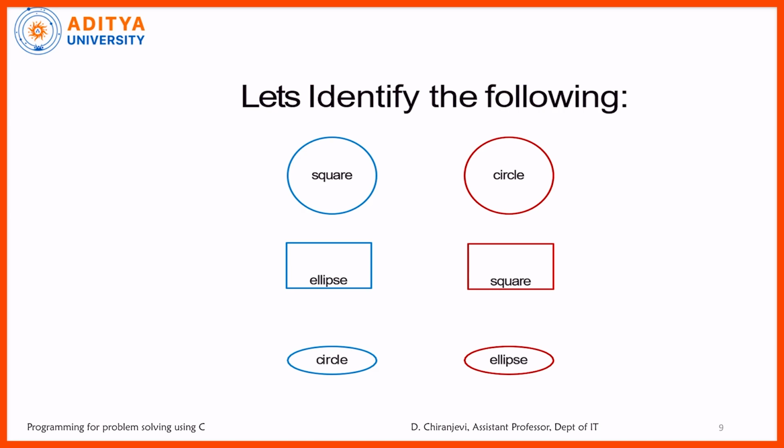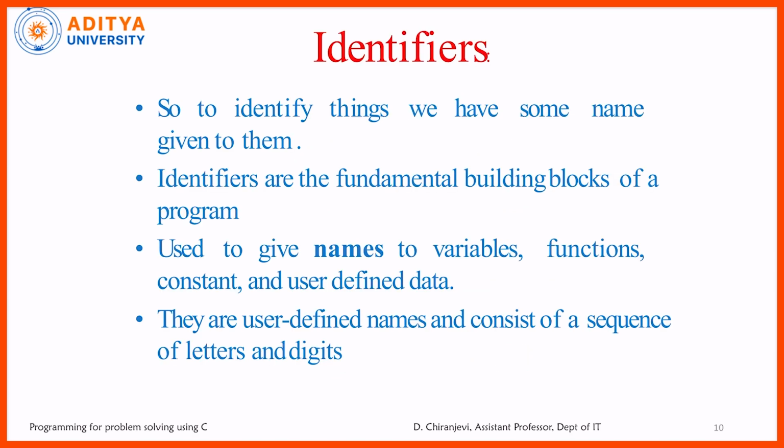So, to identify any object in programming, we need identifiers. Generally, identifiers are used for naming conventions in programming. They are the fundamental building blocks of programming, and identifiers are used to name variables, functions, constants and arrays, etc.